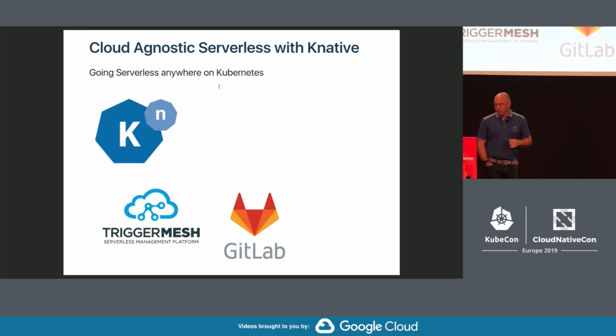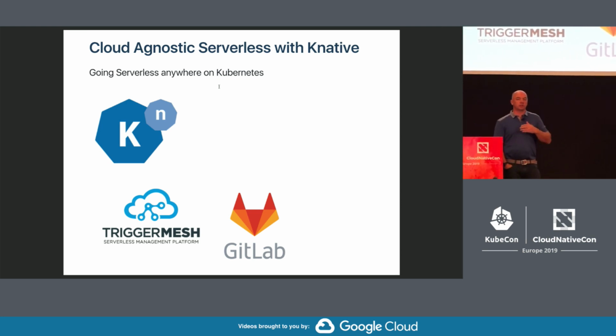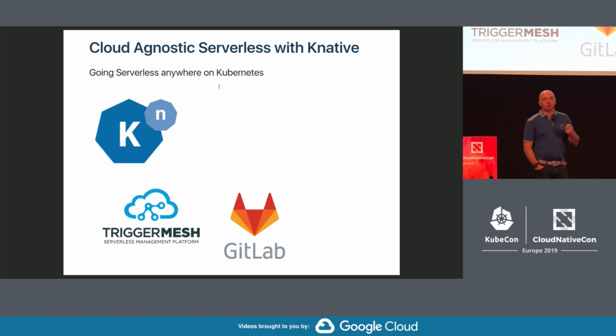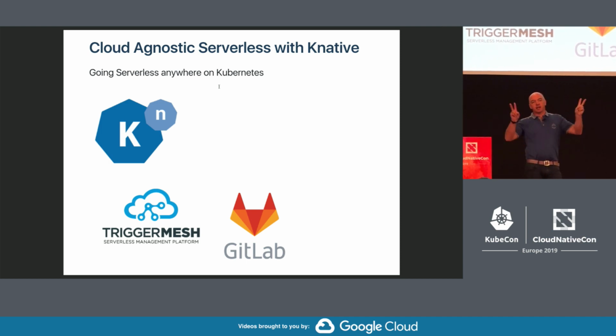What we want to show in this tutorial is that if you have code in GitLab, specifically, but potentially other places, you can use Knative primitives, the Knative API, to deploy serverless applications on any cloud. Any cloud meaning basically anywhere you have a Kubernetes cluster on which you install Knative, right?